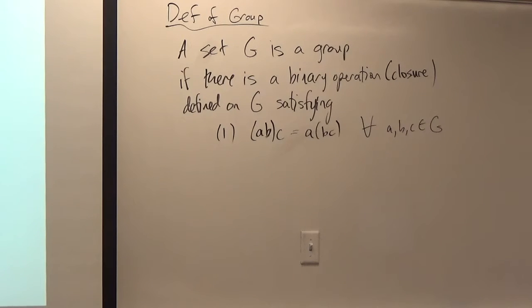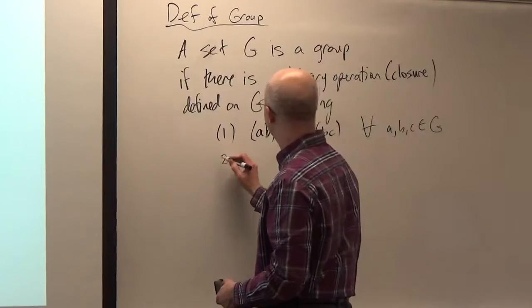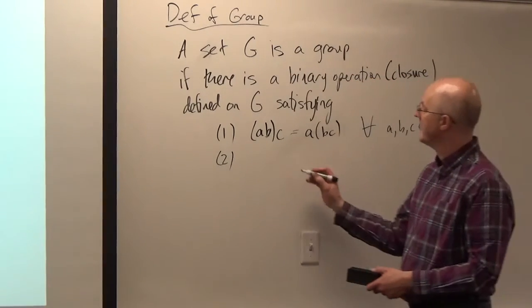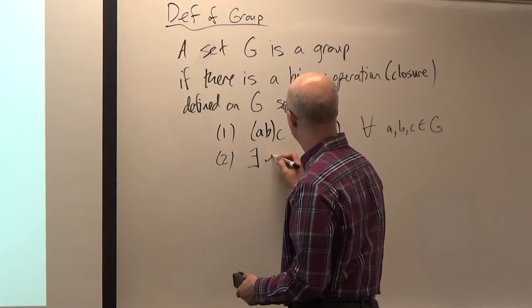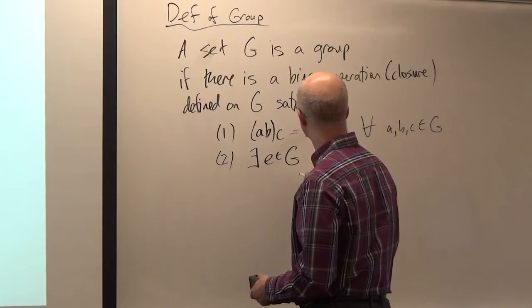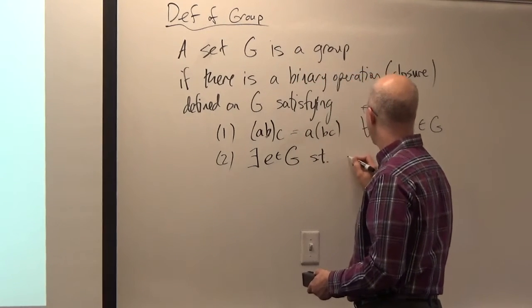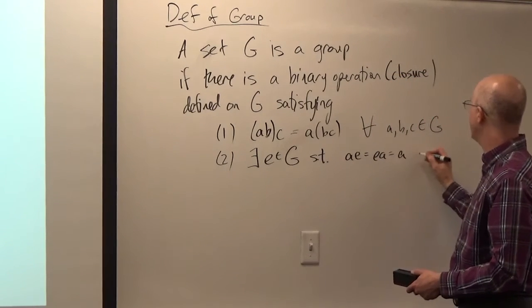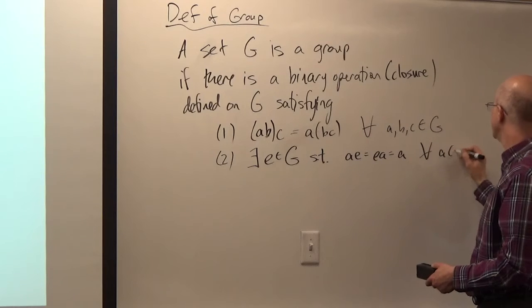So make sure you pay attention to those kinds of details. Secondly, there's the existence of an identity. There exists an element that we typically call E in G, such that AE equals EA equals A for all A in G.